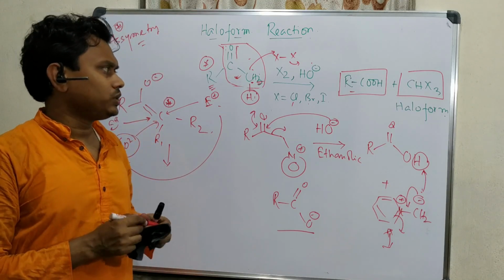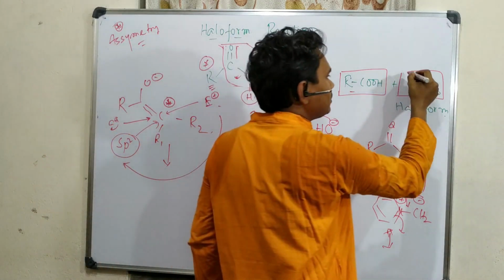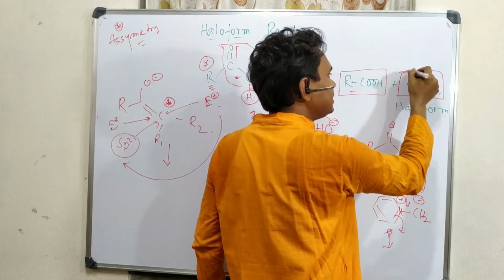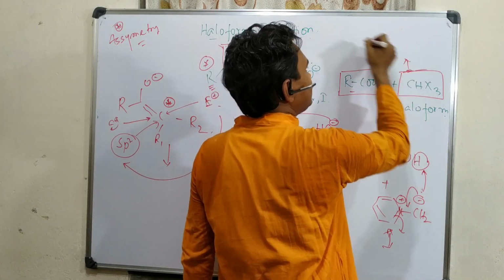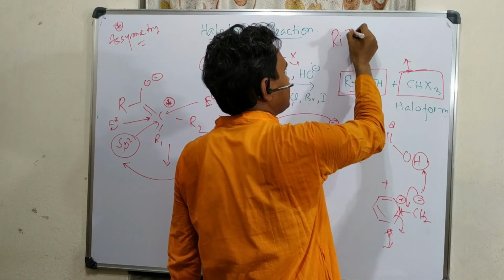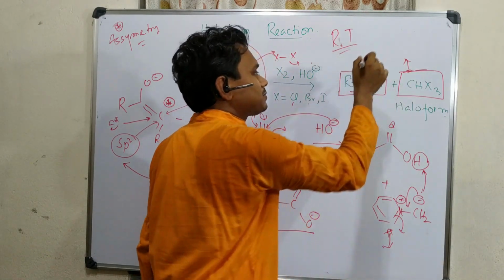So in this reaction we have produced this haloform, which is a very important reagent for many other applications. For example, one is the Reimer-Tiemann reaction, which I will explain in the next video.